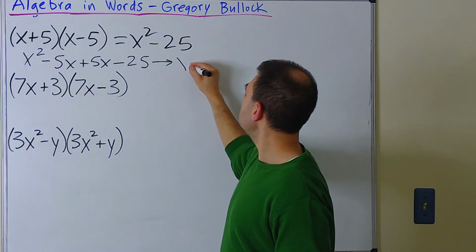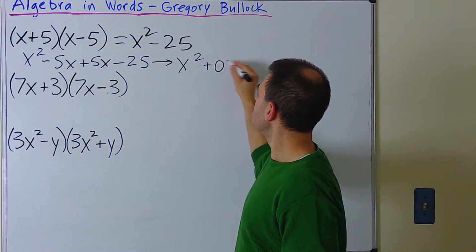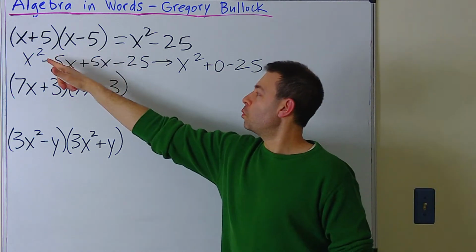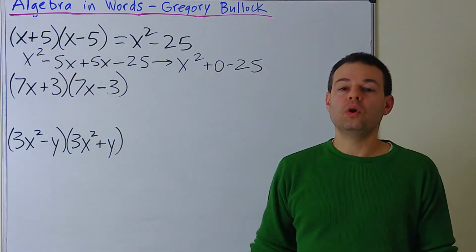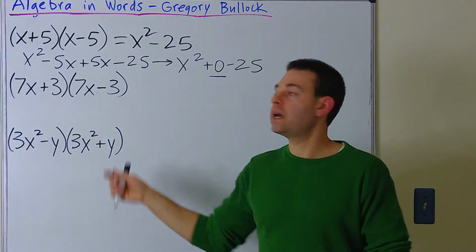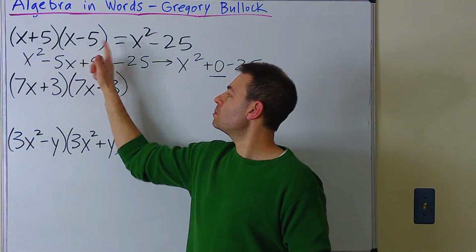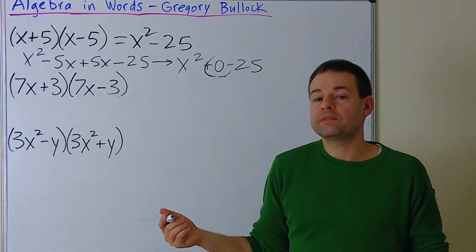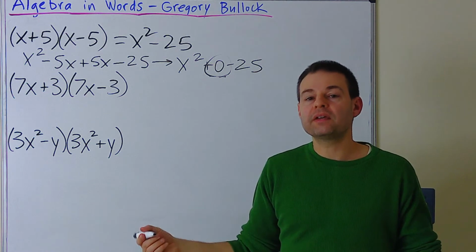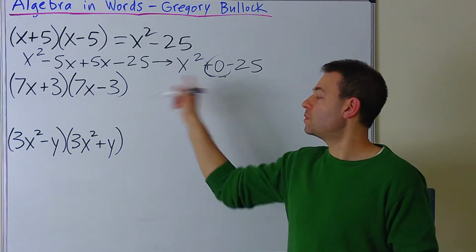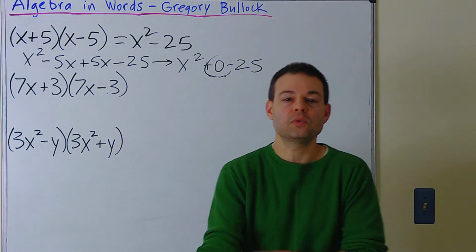So ultimately, since the middle terms for conjugate binomials will always cancel to 0, that's why we can avoid multiplying the product of the outside terms and the product of the inside terms, because they will always result in 0. So you don't have to do it. But if you forget, you can FOIL it and it'll come out correct. The shortcut basically just saves you a step or two.